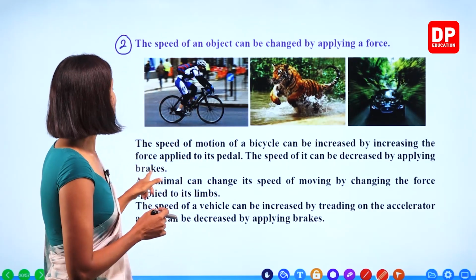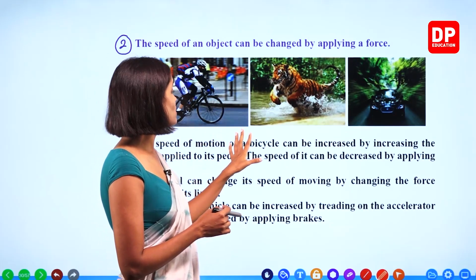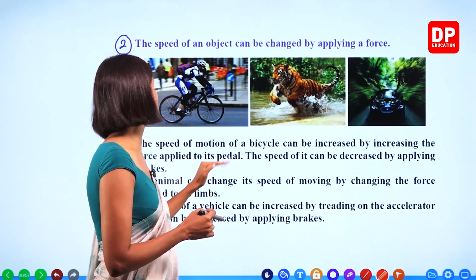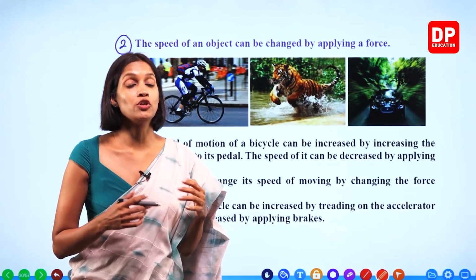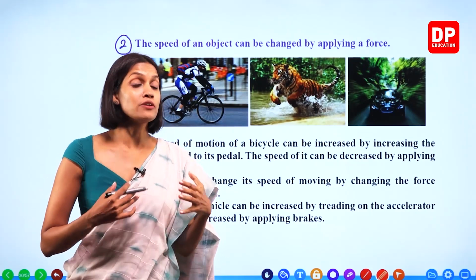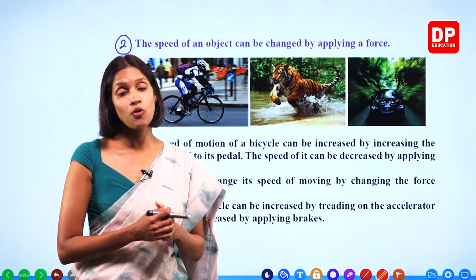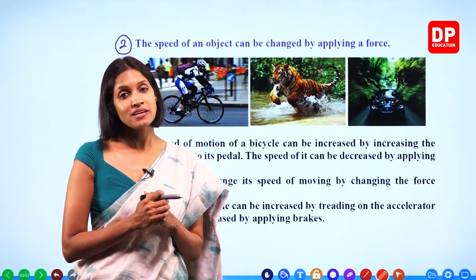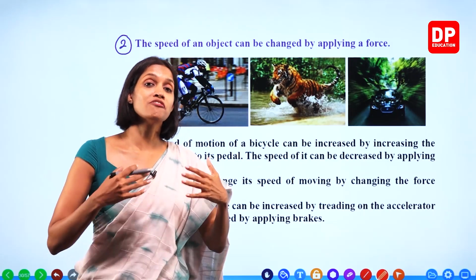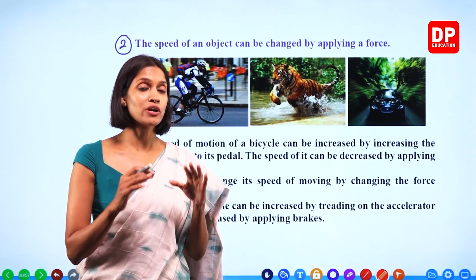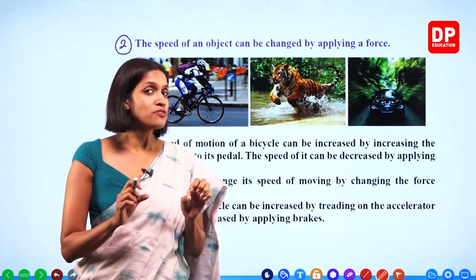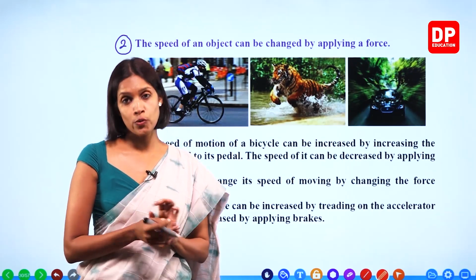An animal can change its speed of moving by changing the force applied to its limbs. When you are in a hurry, by applying force to your legs, you can move fast, walk fast. And at the same time, when you run fast and you are tired, what do you do? By applying force to your legs again, you slow down.